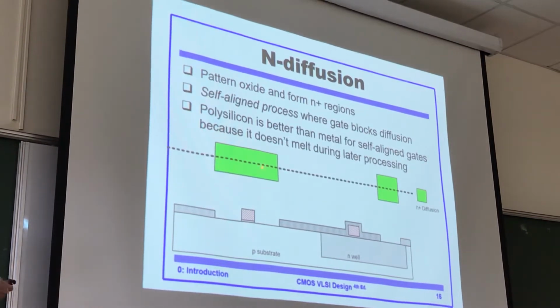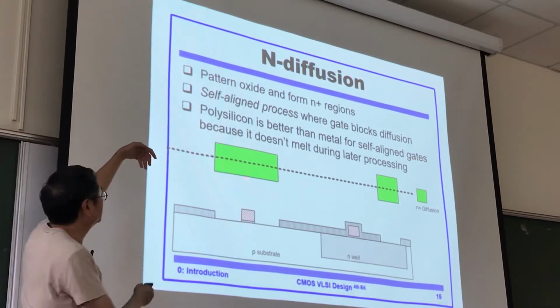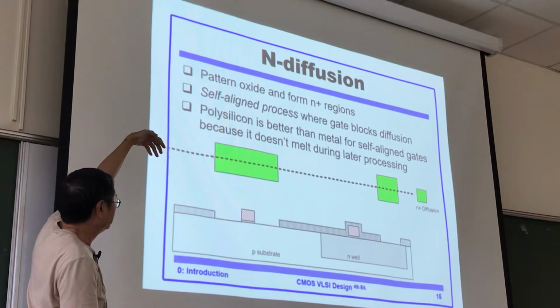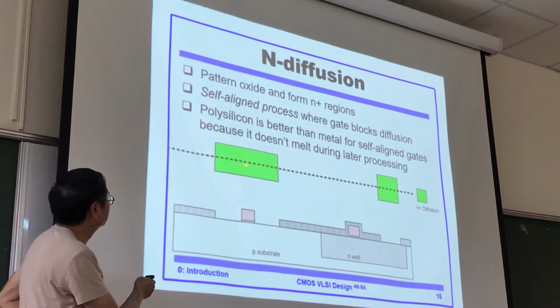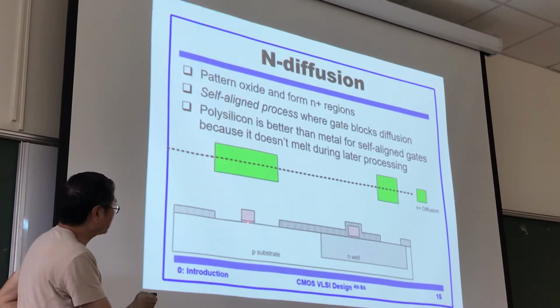Using a mask again, this is the active diffusion layer mask. Pattern the oxide and form a region like this. Again, light goes through the mask, and this area is going to be exposed. But this part is blocked by the polysilicon.